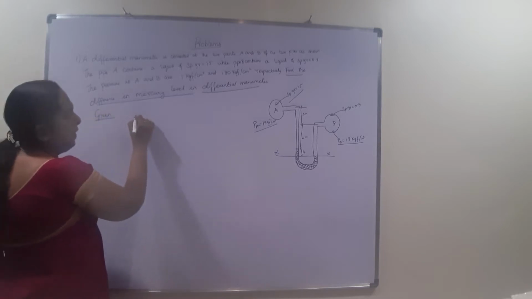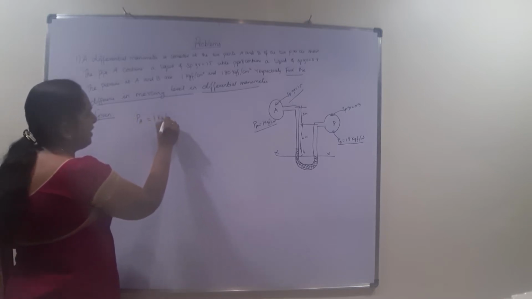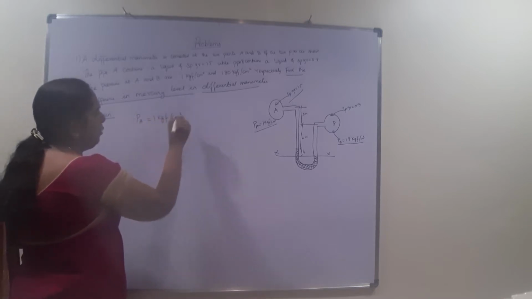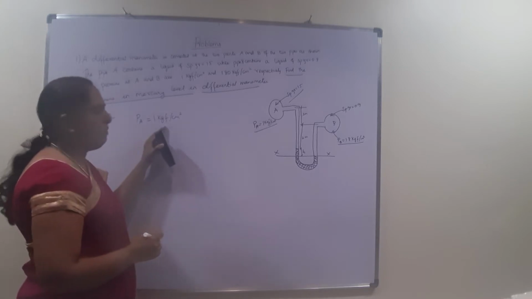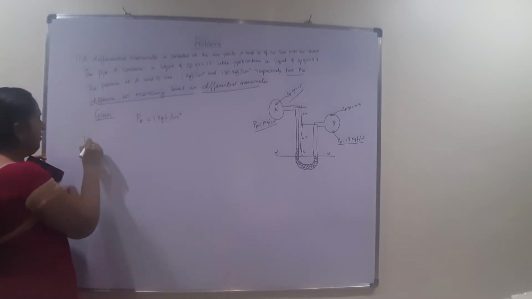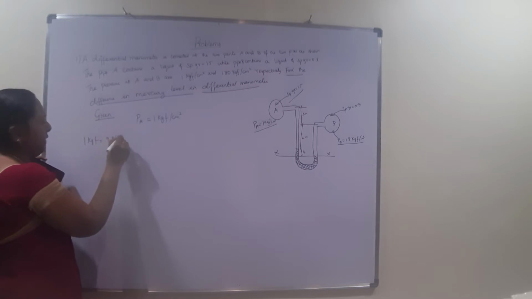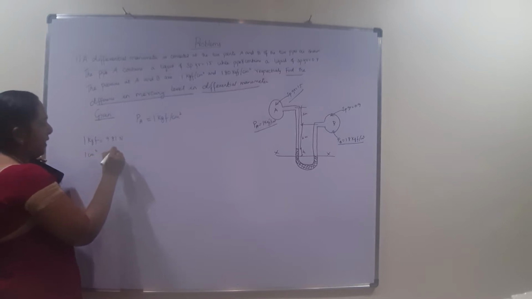So what is given here? The pressure at A is 1 kgf per centimeter square. I already told you that whenever pressure is given, please convert it in terms of Newton as well as meter. 1 kgf is 9.81 Newton. And 1 centimeter square into meter square is 10 power minus 4 meter square.